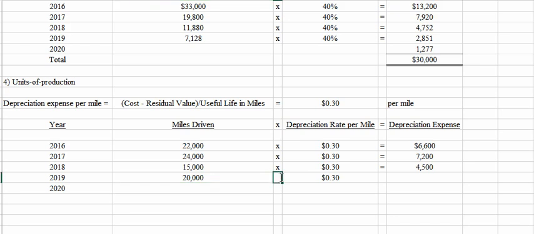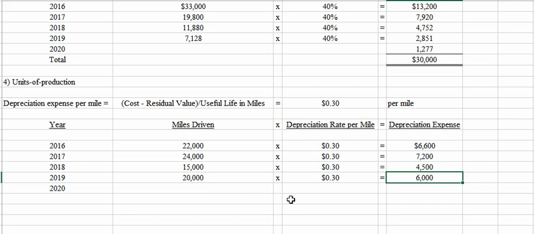And we're going to multiply by our rate per mile. So we get 20,000 miles times 30 cents per mile. That's $6,000 depreciation expense in 2019.